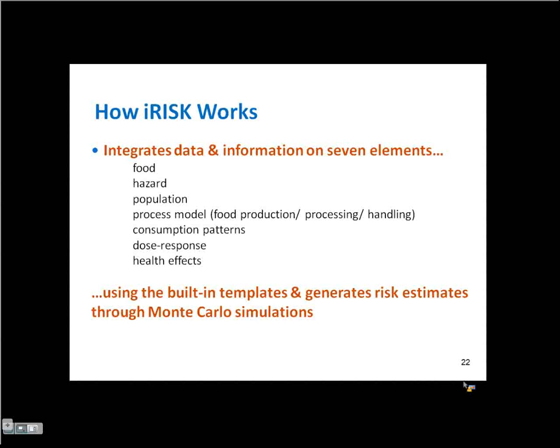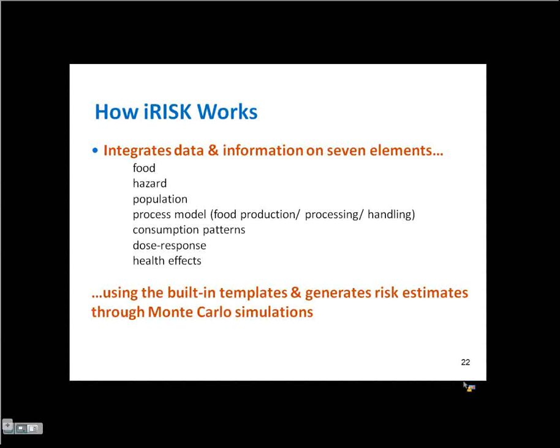iRISK is flexible in that the user can enter data for each of the 7 elements and can also change the inputs to evaluate changes in the impact on risk given alternative data or assumptions, such as comparing with and without an intervention, comparing different interventions, different population susceptibilities, different pathogen strains that may have varying virulence, and so on.